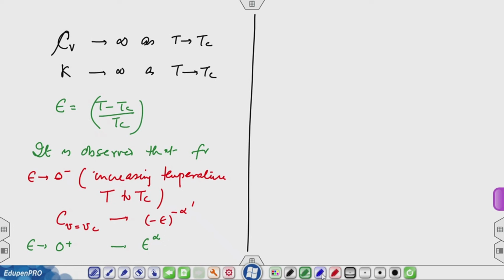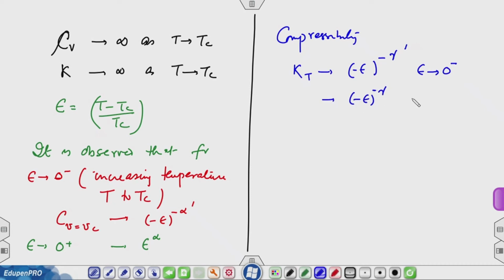Similarly, compressibility kappa T goes as minus epsilon raised to minus gamma prime for epsilon tending to 0 minus, and goes as epsilon raised to minus gamma for epsilon tending to 0 plus.